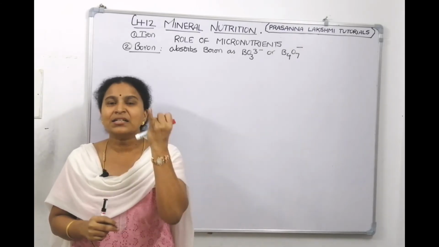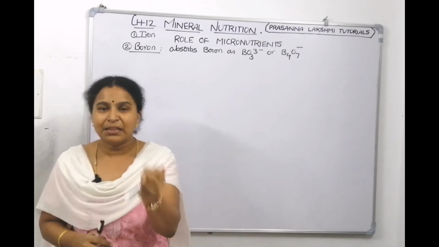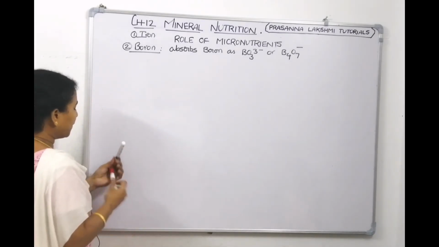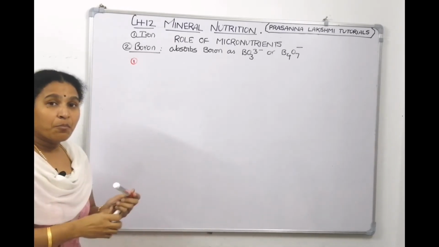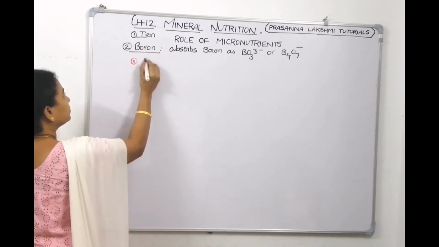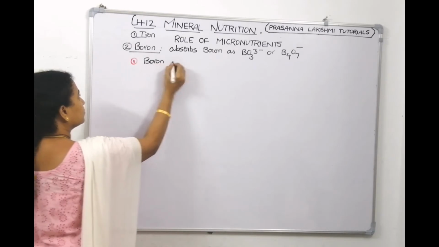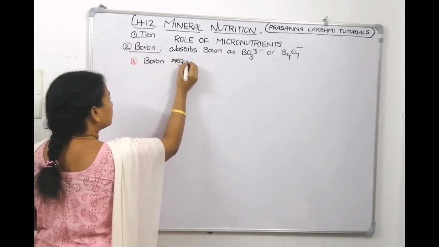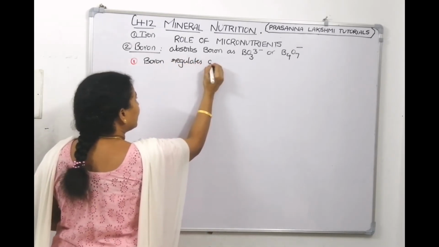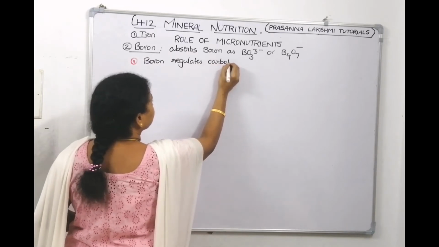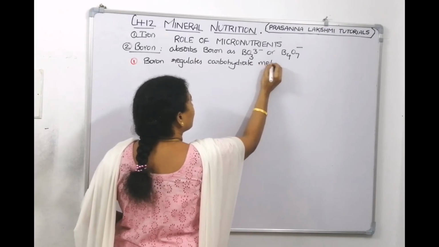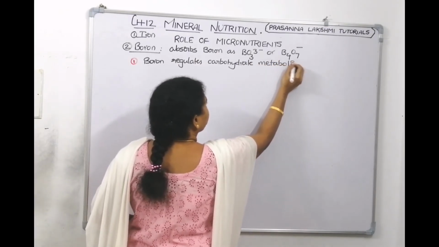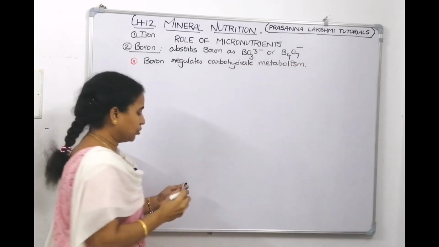So the first function is boron regulates carbohydrate metabolism.